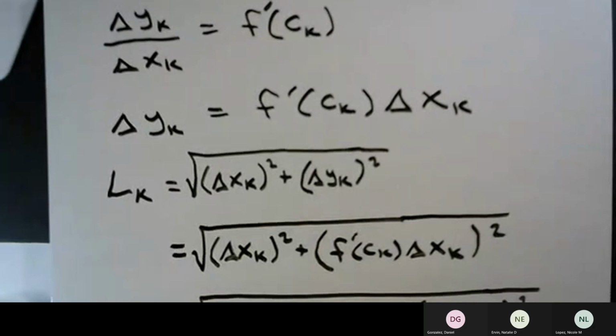And what this will become is the integral from a to b of the square root of 1 plus f prime of x. Again, we don't want to forget that prime squared dx.